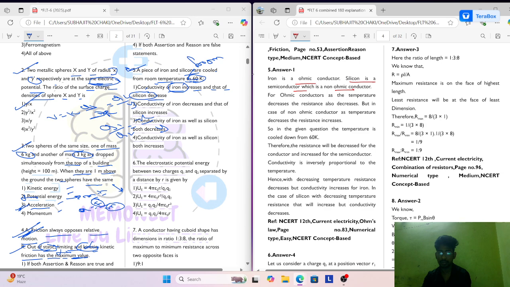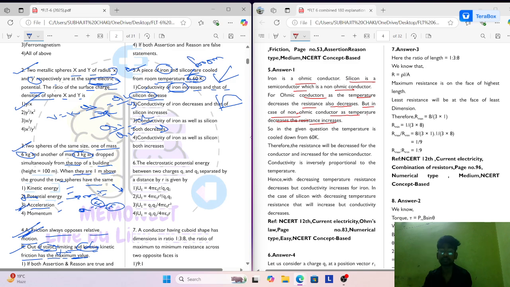So as the temperature decreases, the resistance of iron also decreases, while for the semiconductor, resistance increases as temperature decreases. Their graphs look like this for iron and like this for the semiconductor.